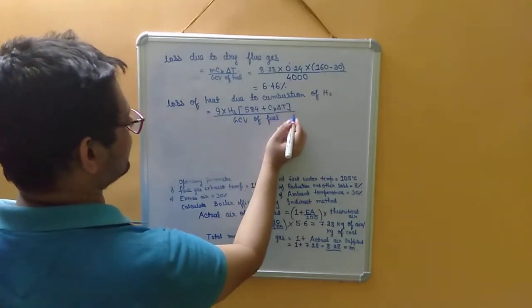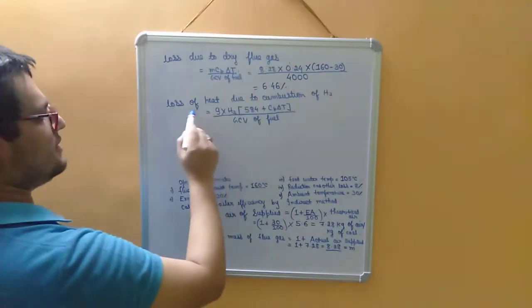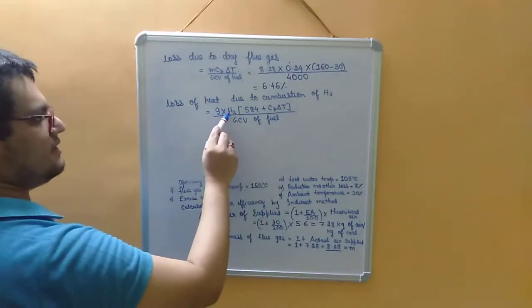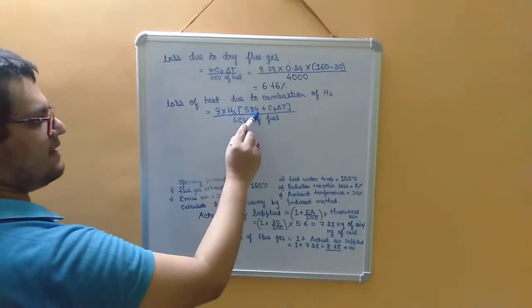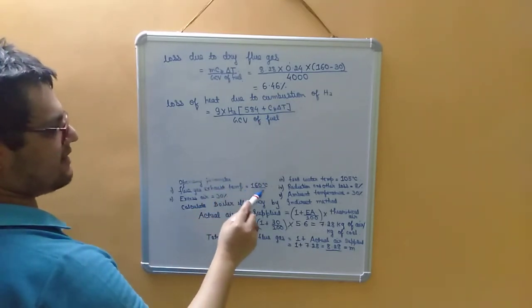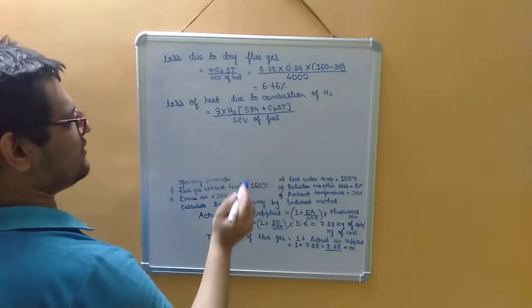So now you can understand how we calculated earlier the loss due to the dry flue gas. The loss of heat due to the combustion of hydrogen is 9 into hydrogen into 584 plus Cp, the specific heat, times the change in temperature, divided by the gross calorific value of fuel.